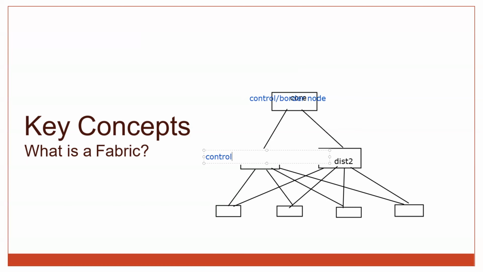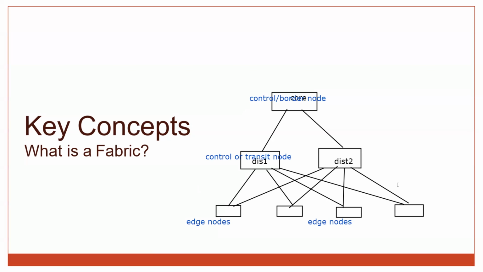This may be your control as well, or transit node. And where you are connecting the PCs, those are your edge nodes. All these access nodes are your edge nodes, because you are connecting PCs, laptops, or end systems.